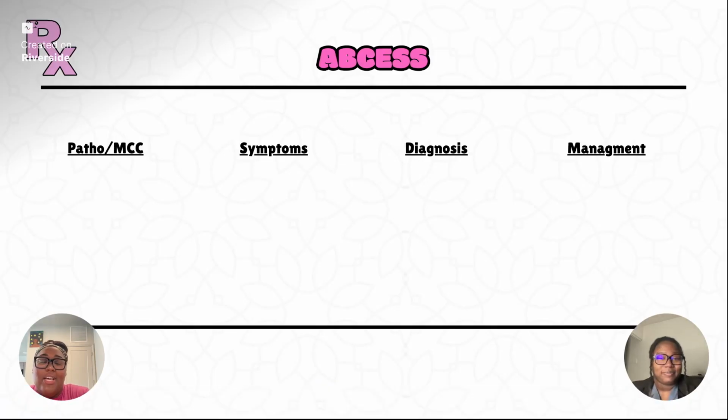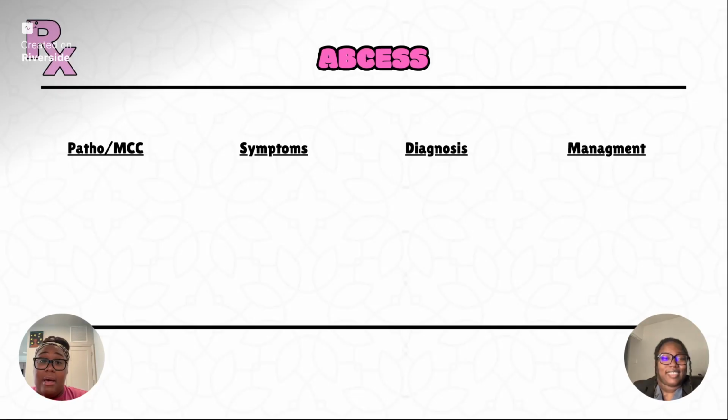So a breast abscess, your keyword is going to be a fluctuant mass. When you think about the word fluctuant, think of a blister, like a buoyant part under the skin. It's usually unilateral, so on one breast, and it is caused due to inflammation. The most common etiology is going to be staph, because when in doubt, staph it out.